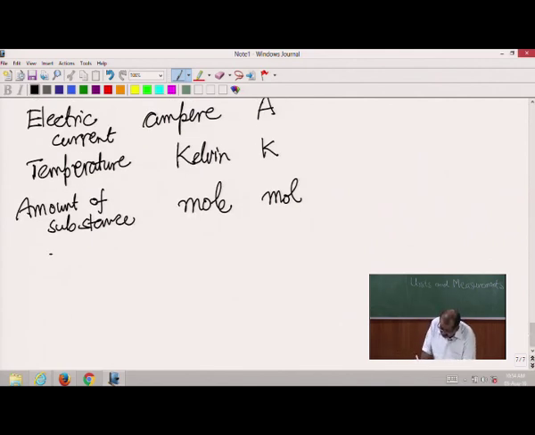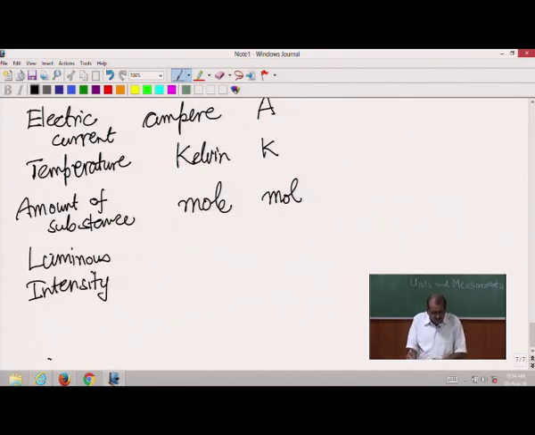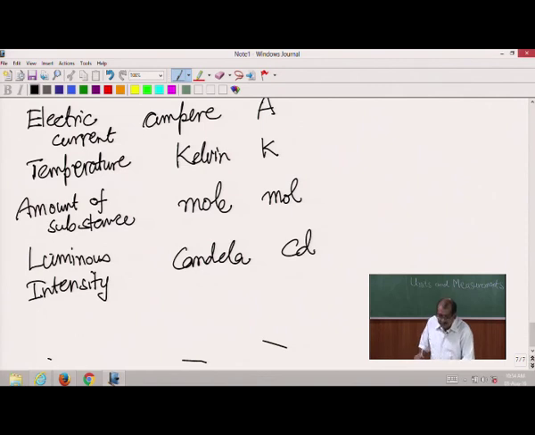And the final, the seventh basic quantity which we have in the SI system is luminous intensity, that is how bright something is shining, and the unit for that used in SI units is candela with symbol CD. So, these are the 7 basic set of units.